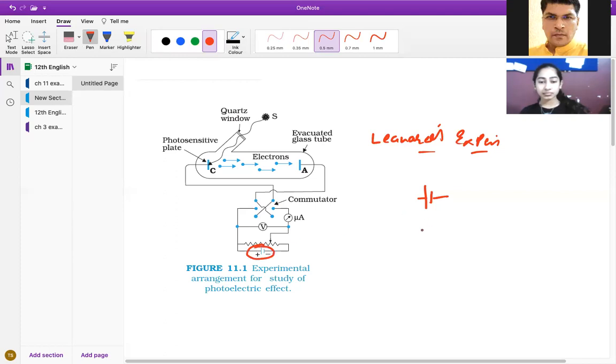But if you remember, I also mentioned this yesterday. After an interval of time, I just changed it. I have made this one positive, this one negative. So there is one instrument, it is called a commutator.